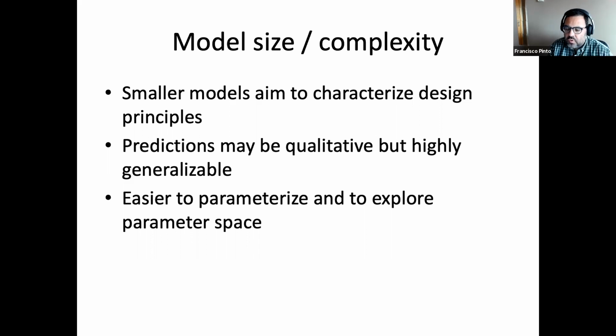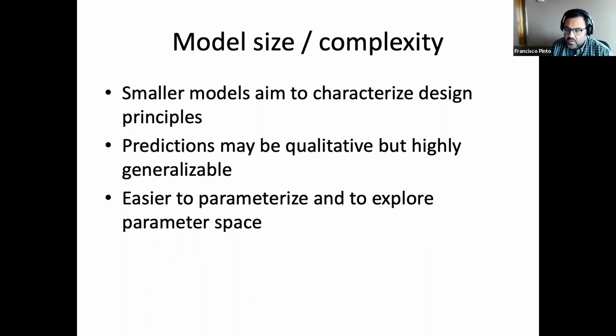The predictions only agree qualitatively with the biological systems, but normally those toy models are similar to a lot of different biological systems in different species or in different cell types. And so you study only that toy model, but the results are applicable to a high number of instances of that biological system.